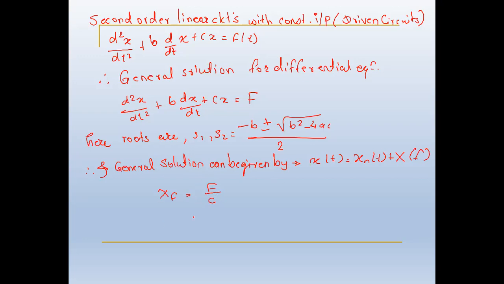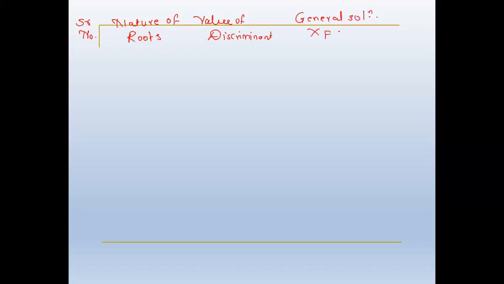If we want to summarize, let us draw the table once again: serial number, nature of roots, value of discriminant, and general solution. So x of f is equal to f by c.